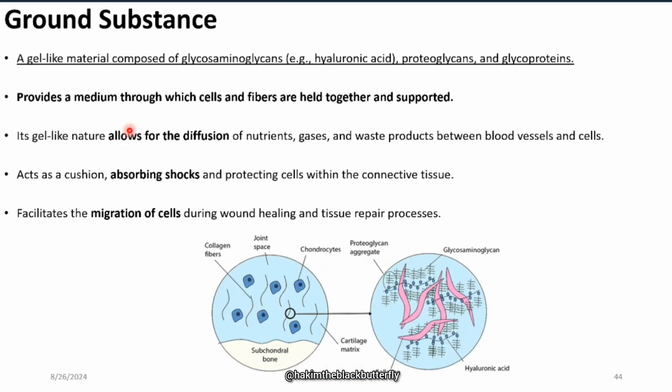It provides the medium through which cells and fibers are held together and supported. So all this is very important for your connective tissues. You can see they're made up of these complexes that are going to be attracting water molecules towards them, allowing your ground substance to be in a semi-fluid state.